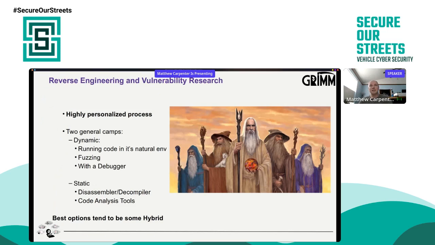Or static analysis: people who take disassemblers and compilers and code analysis tools that run over code that's not executing on a computer system. I've found that the best option tends to be a hybrid of both of these approaches. And I don't think that anybody anymore really falls into just one camp.